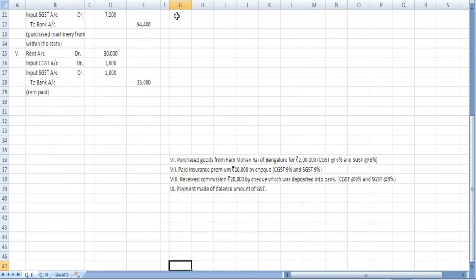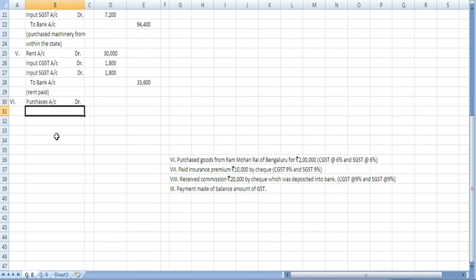Okay, so number 6 here it says purchase goods from Ram Mohan Rai of Bengaluru for 2 lakh, CGST 6%, SGST 6%. So purchased goods, purchase is expense, so purchases account debit.